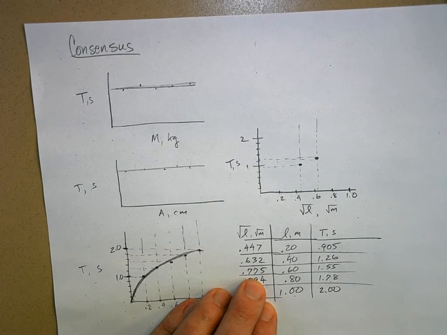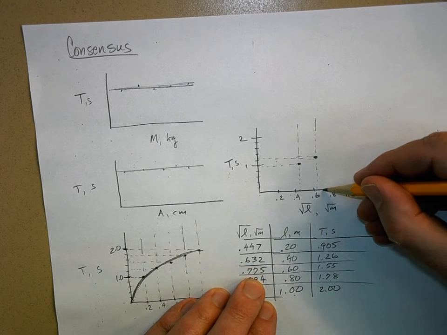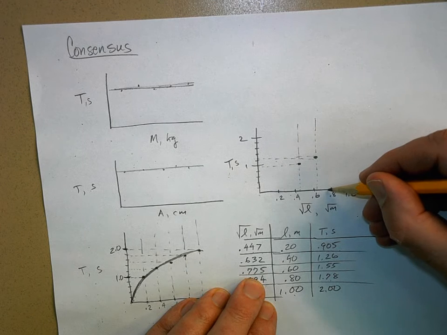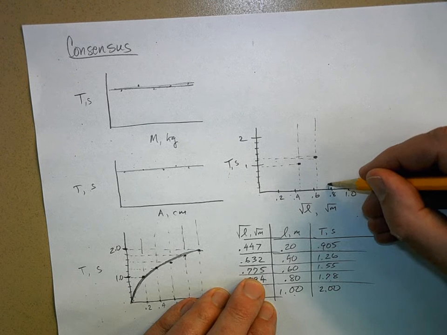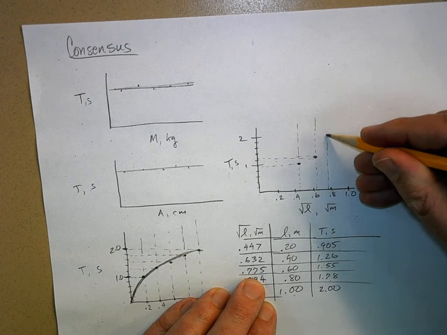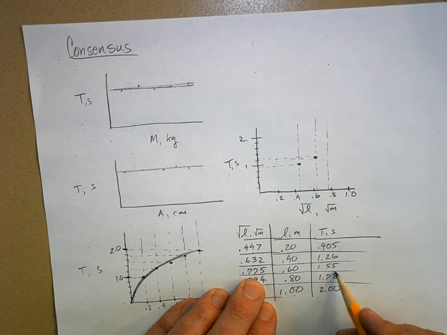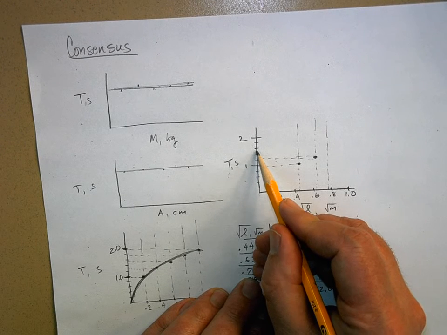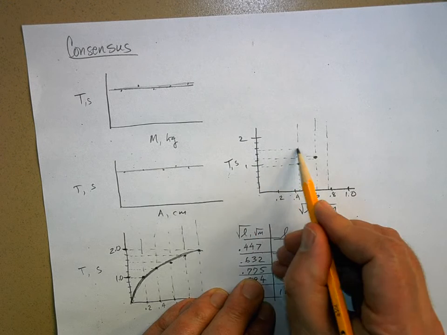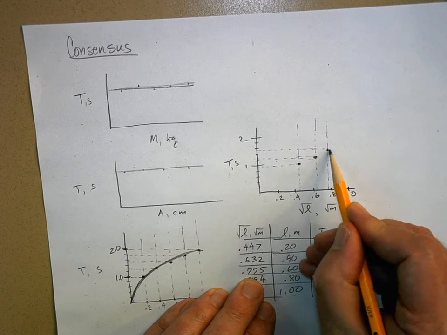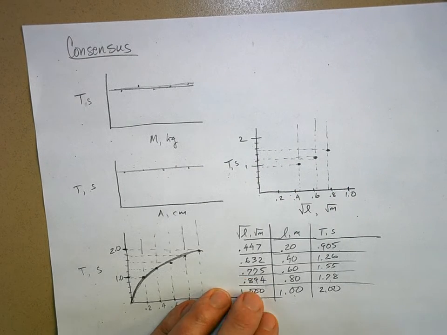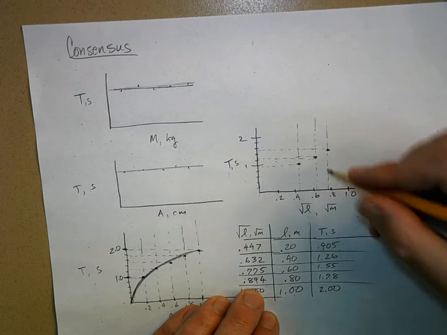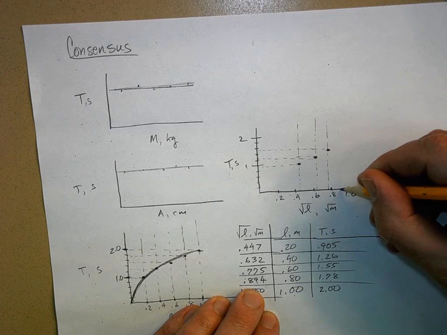And then 0.775 would be about three quarters of the way over, and it's 1.55, so right about there. And 0.894, slightly less than 0.9.